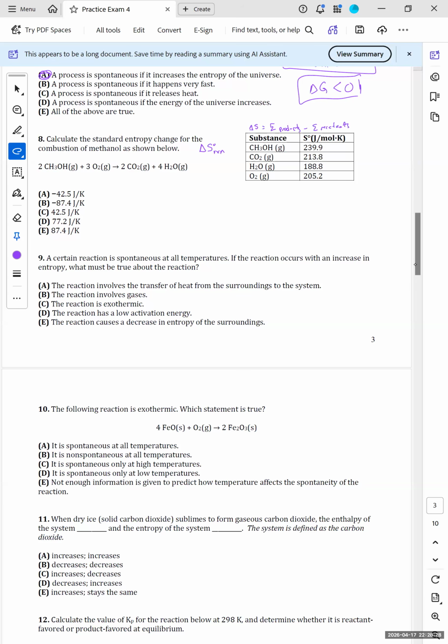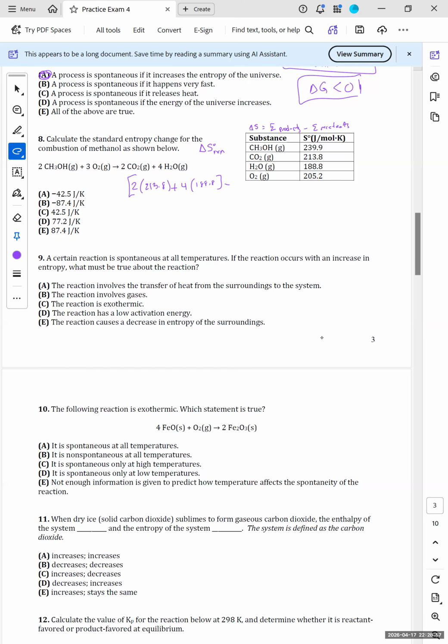So we're just going to look at our chart. First thing to do, just in case, you always want to make sure everything's balanced so that we're using proper stoichiometry. We're going to look at CO2 here. So we have 2 of our 213.8, and make sure that we're adding all of our products together. So I have plus 4 times my H2O, 188.8.